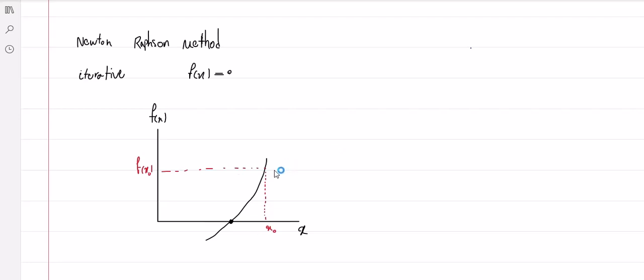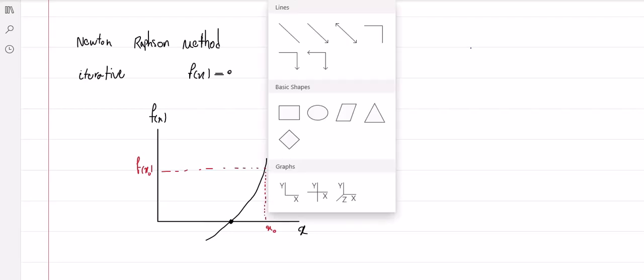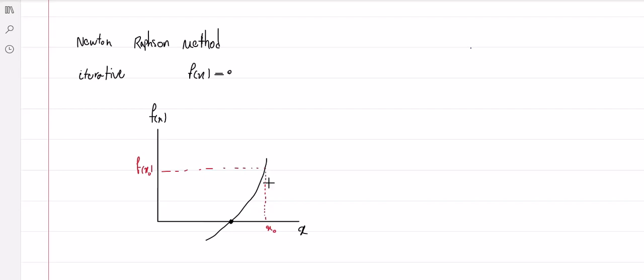So our second guess would be the intersection of the tangent line at x0 with the x-axis. So if we actually draw the tangent line at x0, it would be intersecting with the x-axis at this point, which I'm gonna label x1.